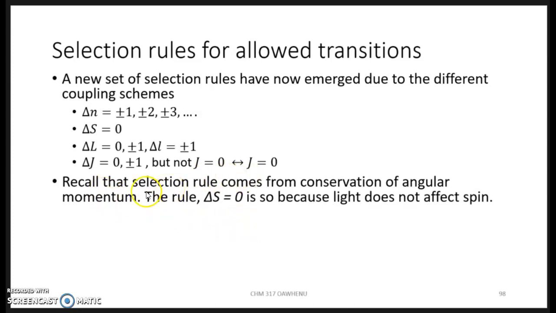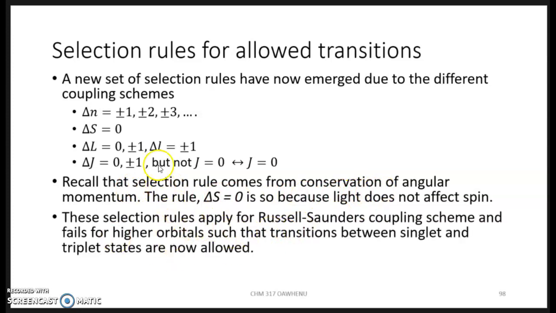Anyway, remember that this rule comes from conservation of angular momentum, and these selection rules apply for LS coupling, where there is weak orbital spin interaction, and fail for higher atoms, where there is strong coupling between orbital and spin motion.